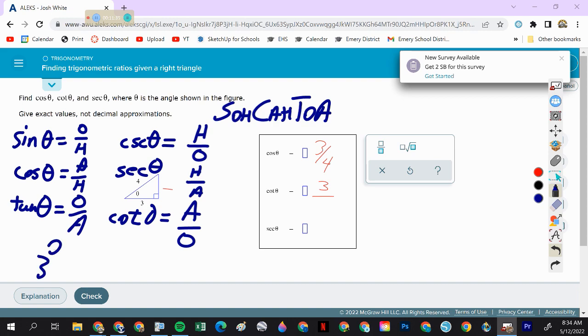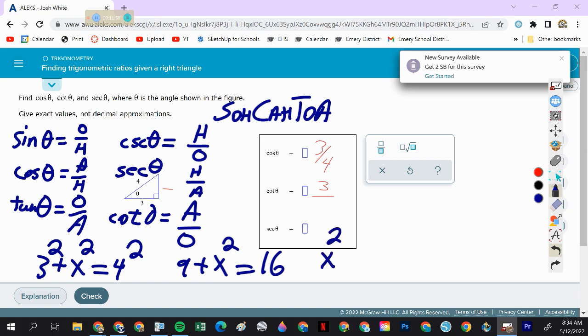So 3 squared plus x squared is equal to 4 squared. So that's 9 plus x squared is equal to 16. We subtract 9, x squared equals 7, and then we take the square root, and this is root 7. So the cotangent would be 3 over the square root of 7.